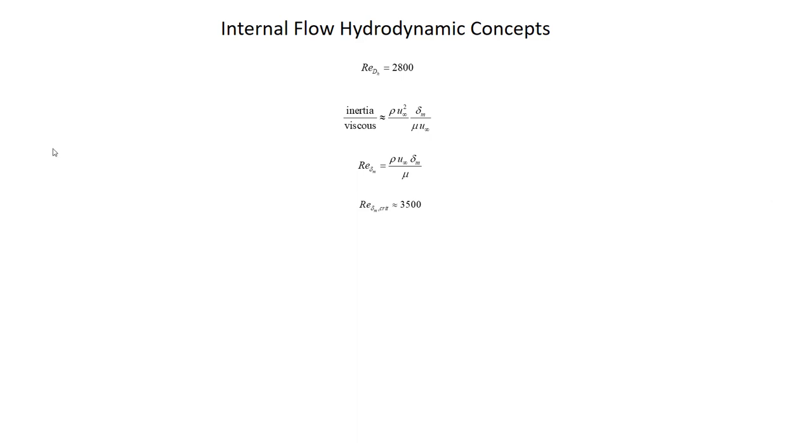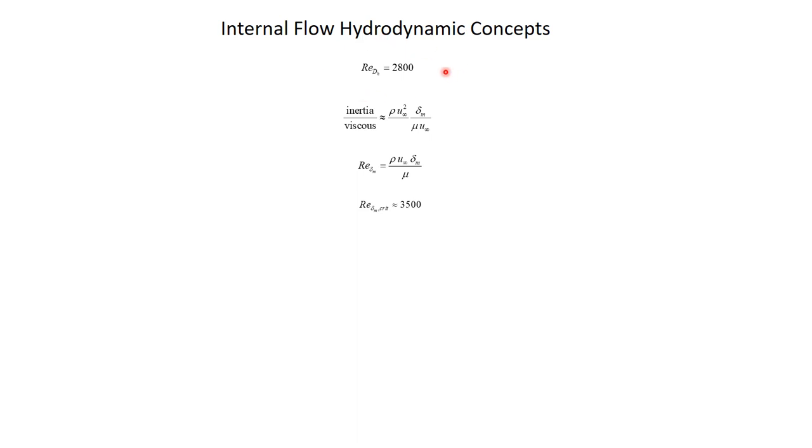It really represents the ratio of inertia to viscous forces, and so if you think about when that transition is going to occur, it's about 3,500, and not coincidentally, that 3,500 is not that different than when you would get a transition to turbulence for an internal flow.